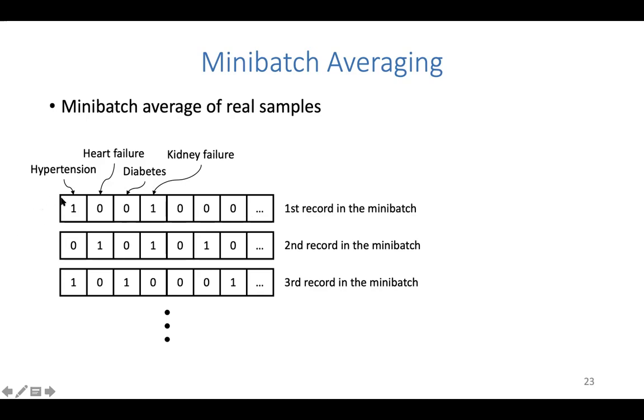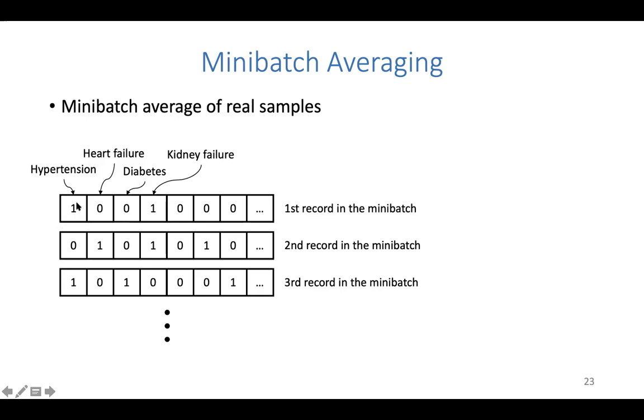And obviously, each record would have different values for each column. So first of all, we're not generating a sequence of visits. We're actually generating aggregate visit statistics. So, for example, over the past 1 year, whether this patient has received a hypertension diagnosis or not.